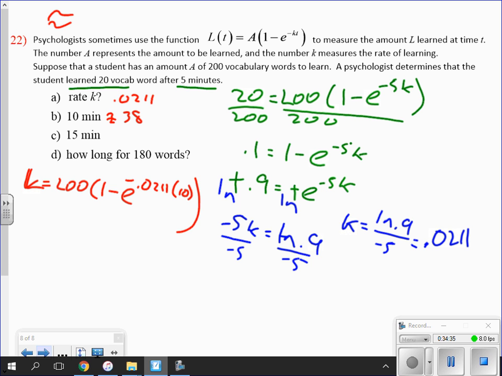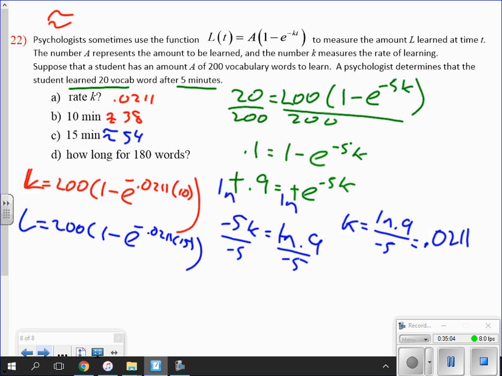Okay, so the next one. Same idea, but put 15 minutes in for the time. How much did they learn of the 200 words they have to learn if they've been working at it for 15 minutes? Approximately 54 words.